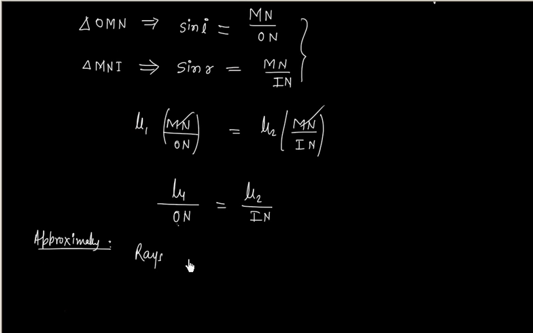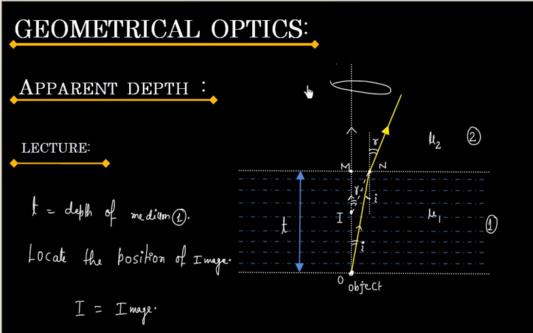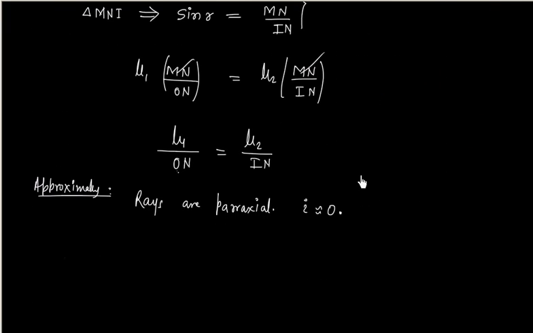Physically this means the eye, the person looking at this object, is just overhead, vertically above the object.